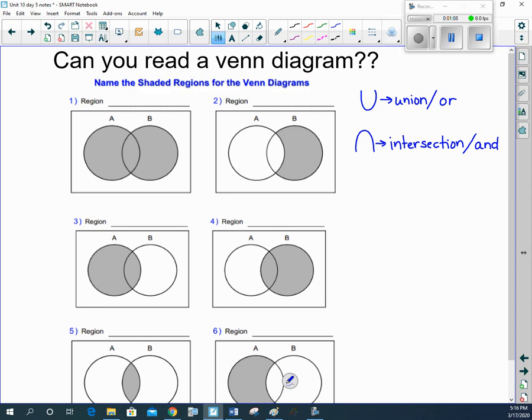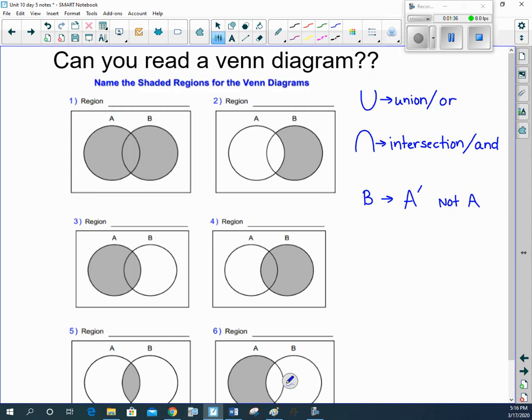That little apostrophe is read as "not A." So if you were only comparing two things, A and B, and I wrote not A, that would mean I was talking about B. So that's a new symbol to worry about. I think that's about it to help us with these drawings.